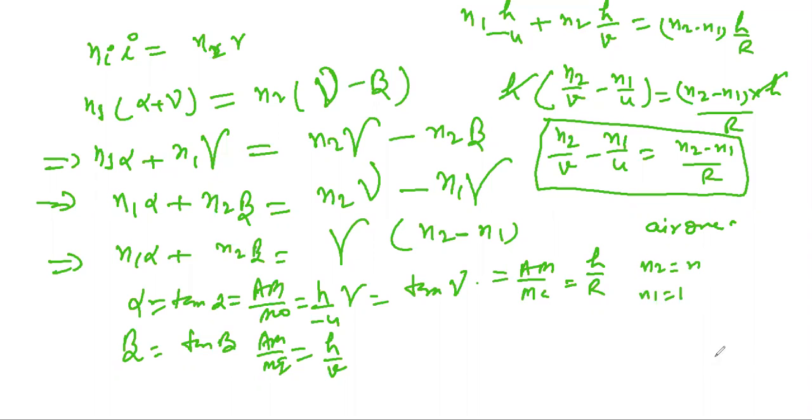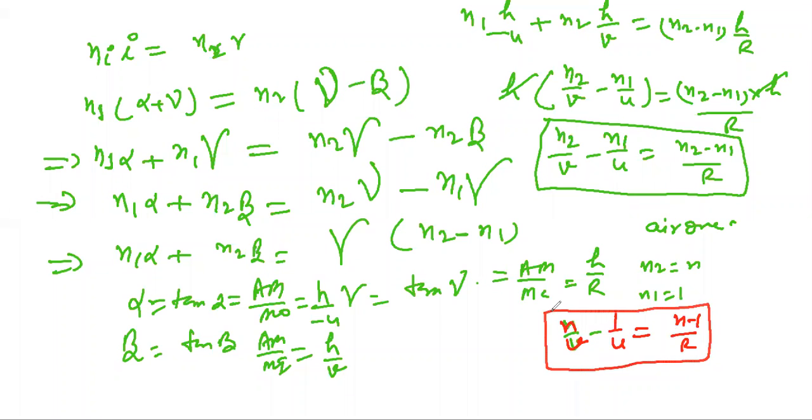In that condition, your formula will become N upon V minus 1 upon U, equal to (N minus 1) upon R. This is when one medium is air. So this will tell you the relationship between U, V and R of a lens.